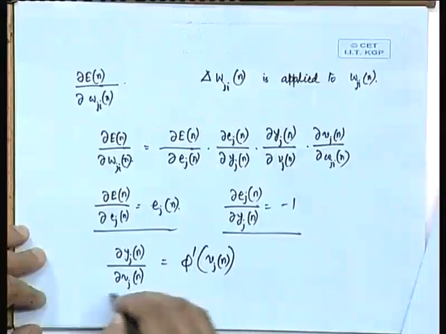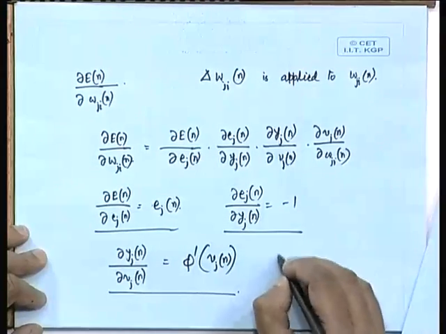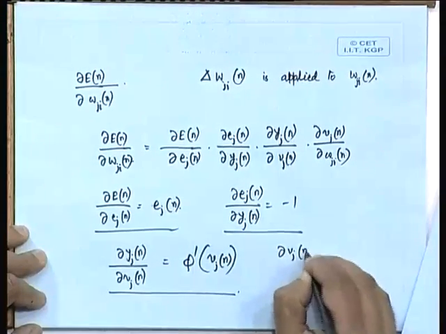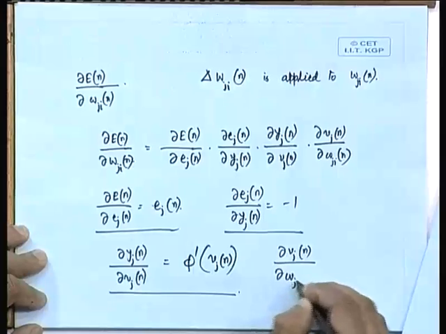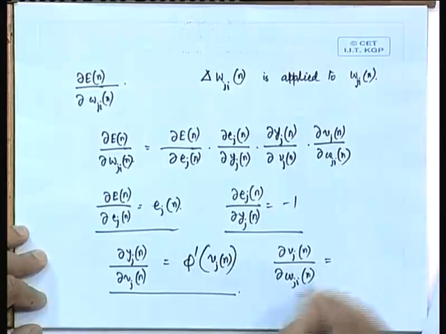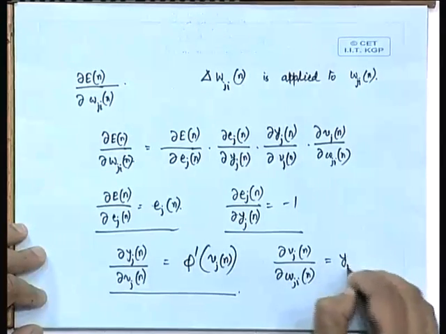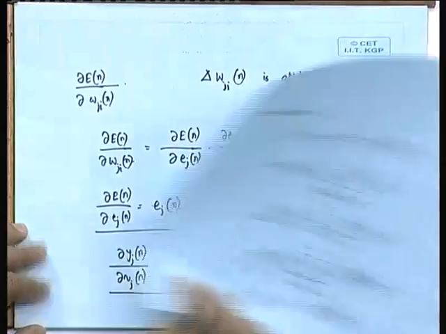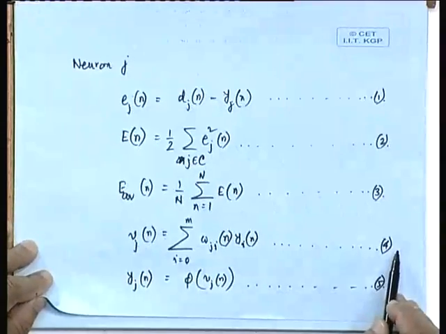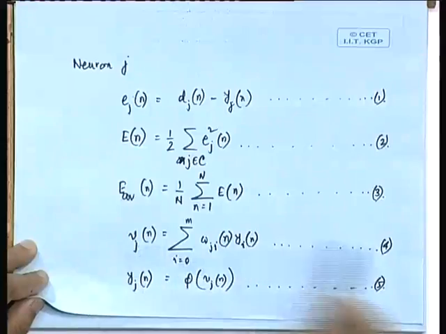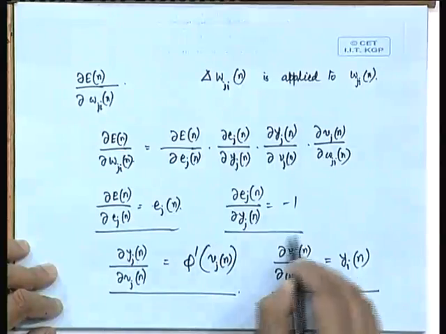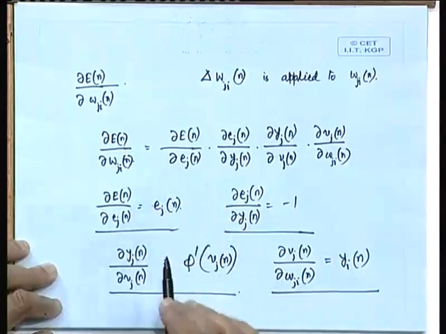So this is also expressed, and the last term is ∂Vj(n)/∂Wji(n), and that is simply equal to yi(n). This is simply using equation number 4. Followed? So these are the 4 expressions that we compute.